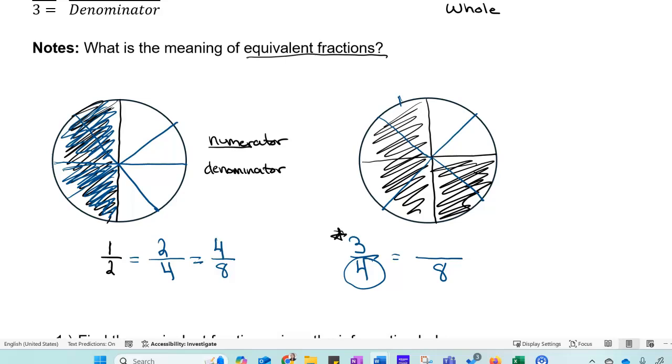So I have 1, 2, 3, 4, 5, 6. So my numerator is 6. And then I could cut them each into 3 or each into another 2 pieces, right? And as long as my total number, that denominator, and my numerator are increasing by the same amount, you will find your equivalent fraction.